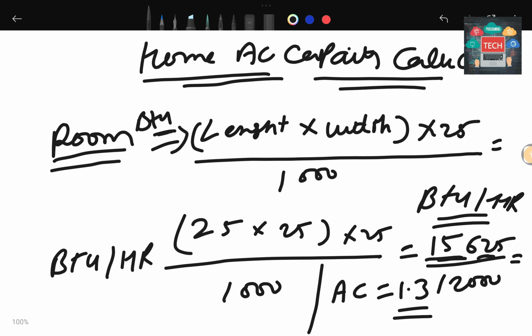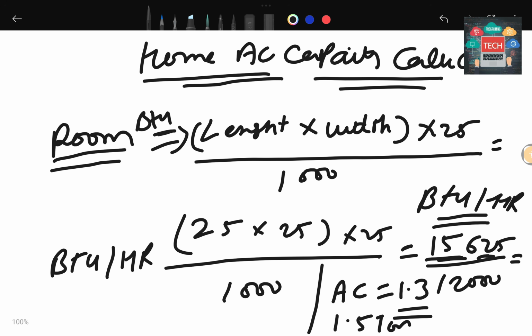So it is nearby 1.5 ton, which is actually required, because there is no AC in the market with 1.3 ton. So you can buy a nearby 1.5 ton AC. This is your room calculation.